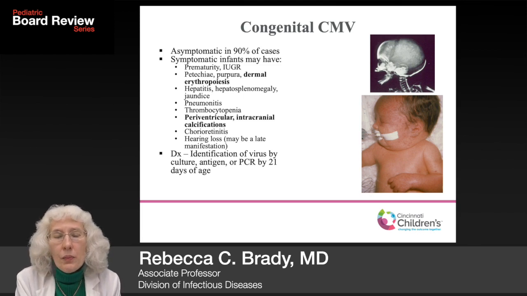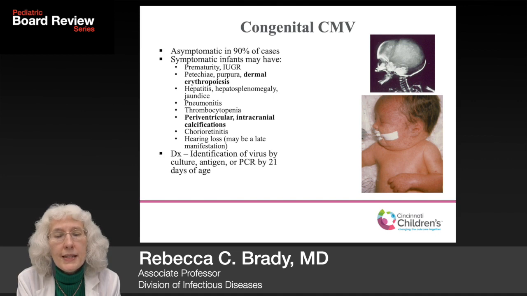So this is looking more at those babies that do have symptoms with their congenital CMV infection and what those symptoms are. Those include prematurity, intrauterine growth restriction, petechiae, purpura. These are often referred to as the babies with the blueberry muffin rash, and that is actually a site of dermal erythropoiesis. They have hepatitis, hepatosplenomegaly, jaundice.